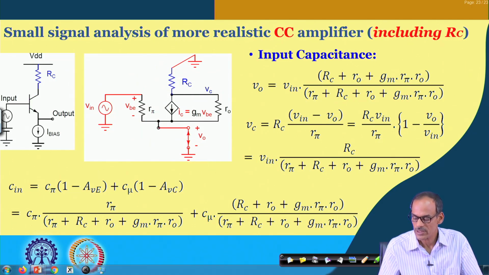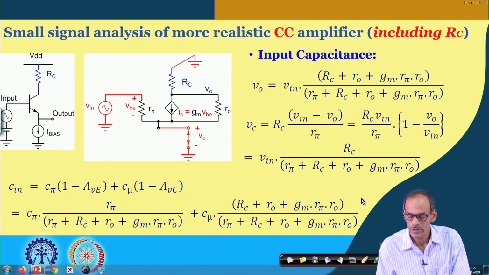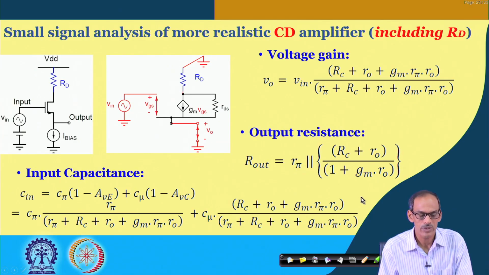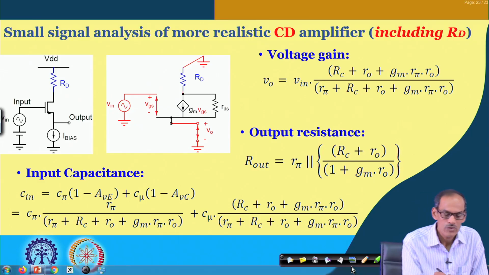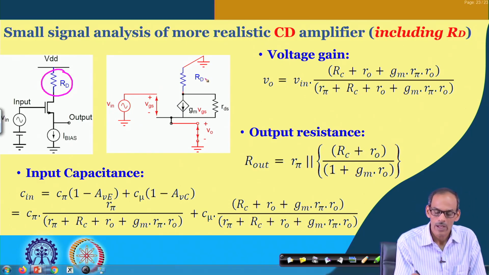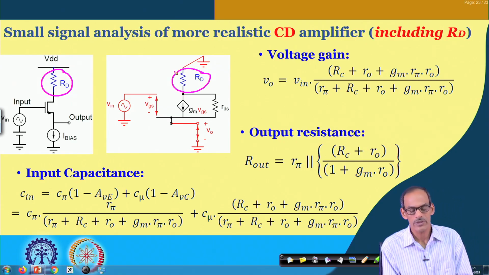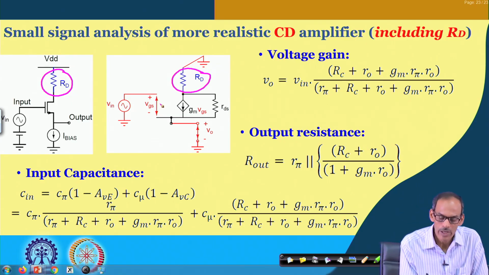So, as I said, let us look into the common drain amplifier considering the resistance connected to the drain terminal. So, we do have this resistance connected to the drain terminal, and then we do have the R D coming in the small signal equivalent circuit, and then we do not have any R pi here.